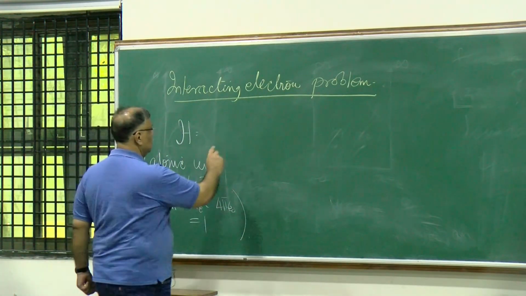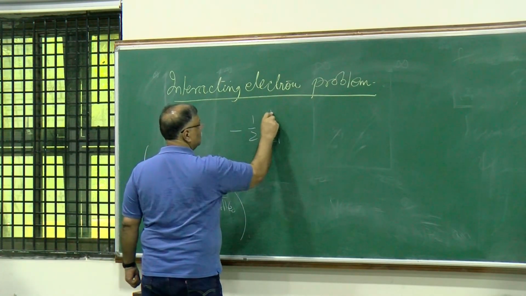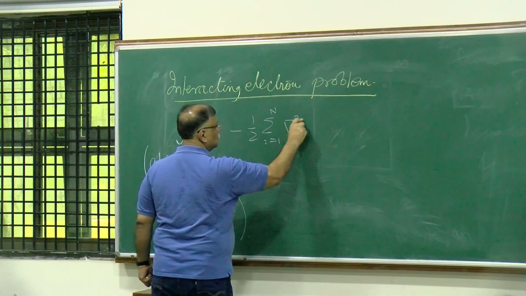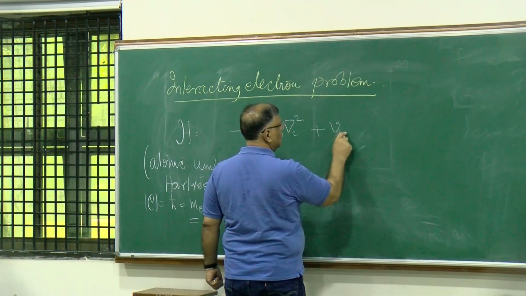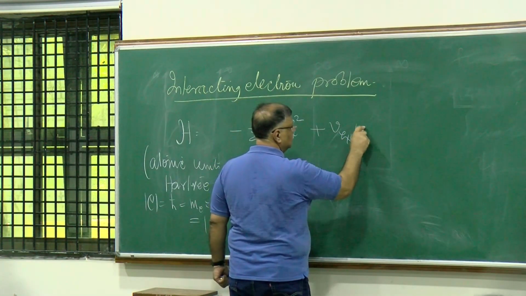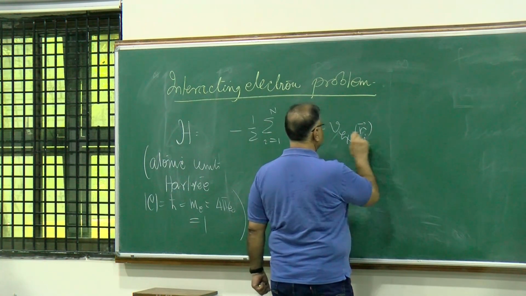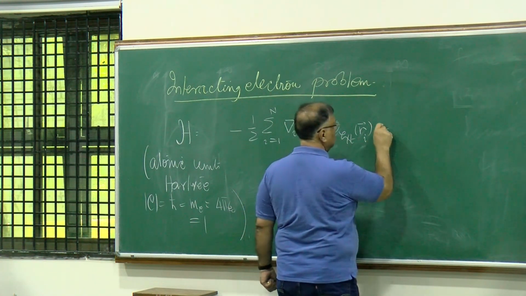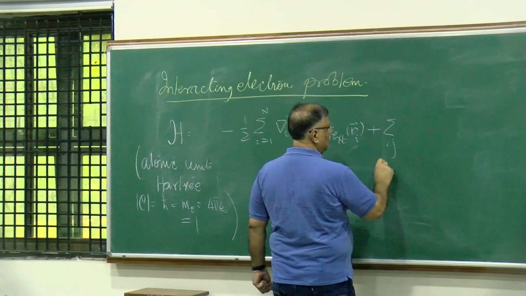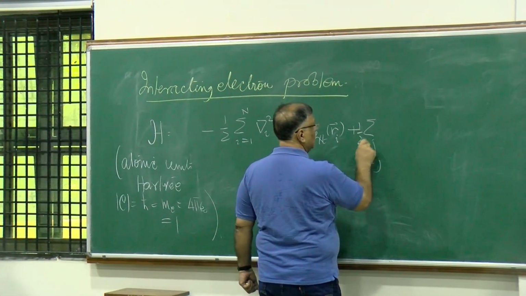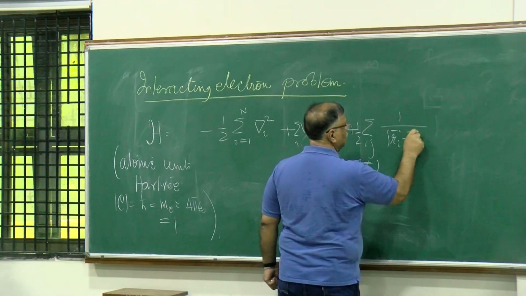So this is minus 1/2 summation i equals 1 through n del i squared, that's the kinetic energy operator, plus V external of R_i summed over i, plus summation i, j, i not equal to j, 1/2 times 1 over |R_i minus R_j|.